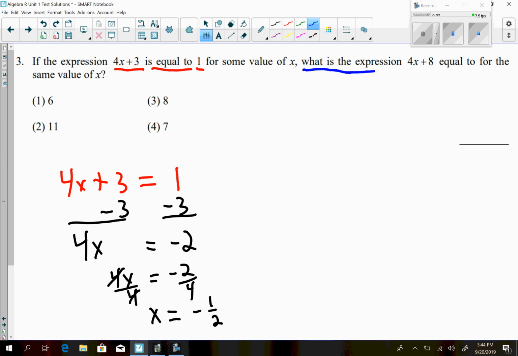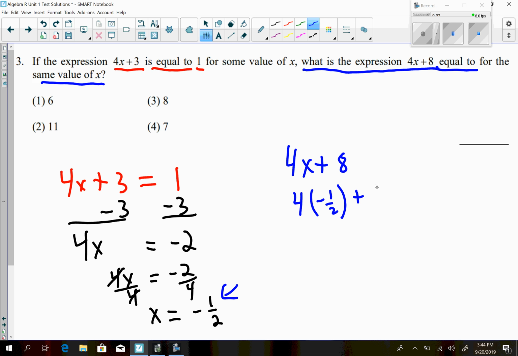What is the value of the expression 4x plus 8? What is the expression 4x plus 8 equal to for the same value of x? 4 times the same value of x. A positive times a negative is a negative. 4 times 1 is 4.